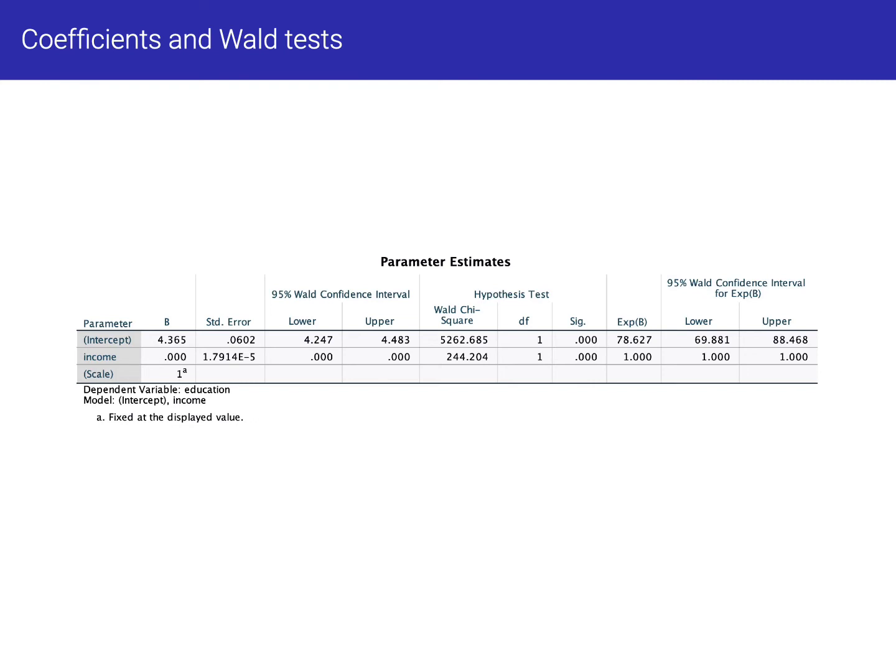We have Wald chi-square tests, in this example; you can choose otherwise. Wald chi-square tests for the intercept and for the slope with their p-values. And I've also checked here the exponentiated estimates along with confidence intervals for them.